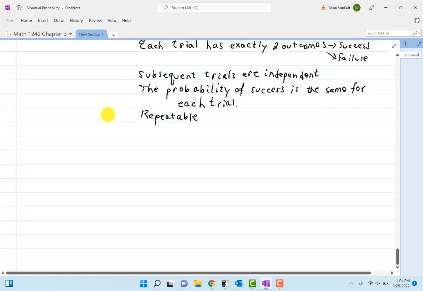So let's go ahead and get the probability then. So the probability of k successes, that should be an nCk, times whatever the probability of success is raised to the k power, and then 1 minus p raised to the n minus k power.